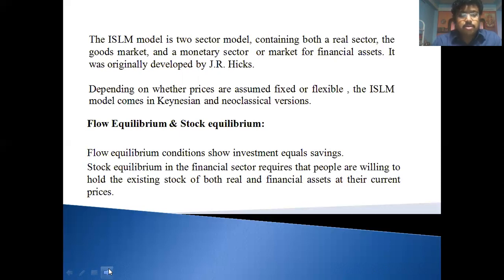Now, it must be noted that an individual act of saving does not automatically lead to a corresponding act of planned investment.